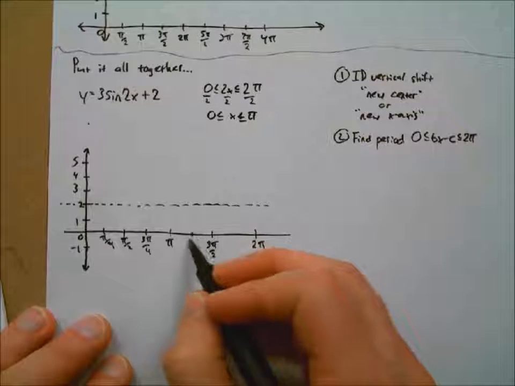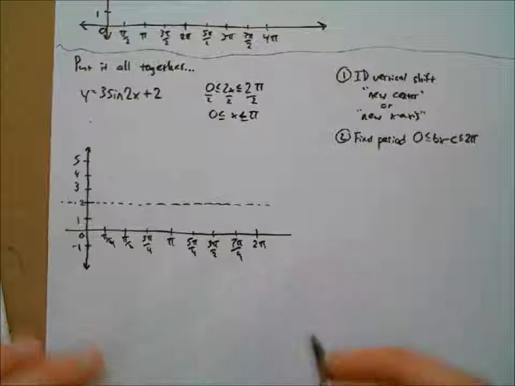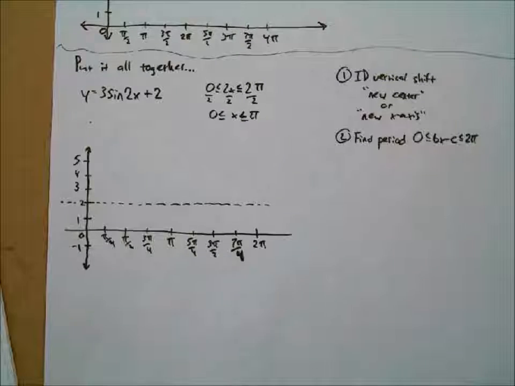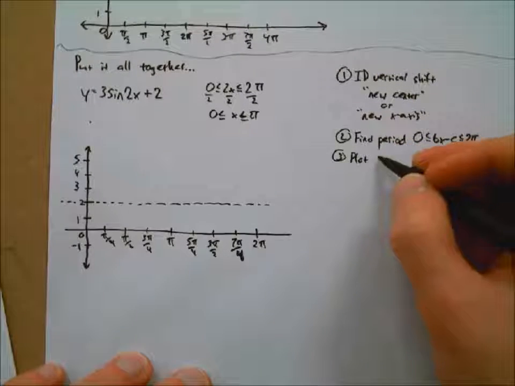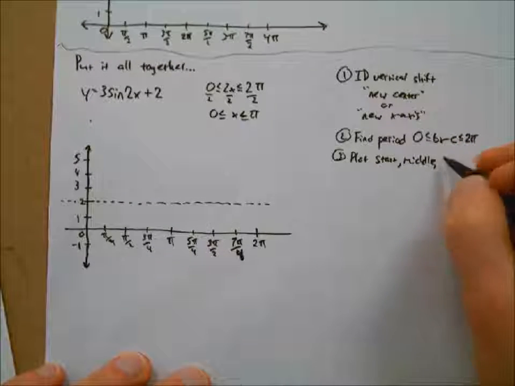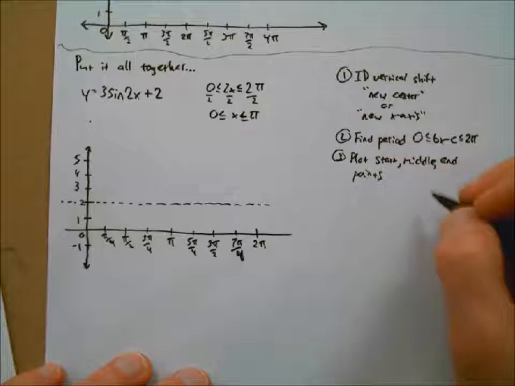And this will be then 5 pi over 4 and 7 pi over 4. Okay, and so then we plotted the start, middle, and end points of the period.